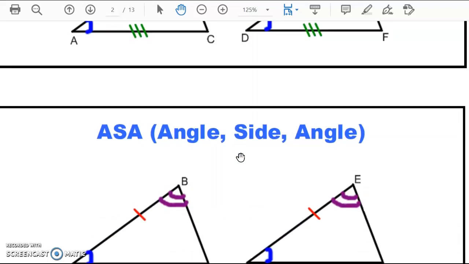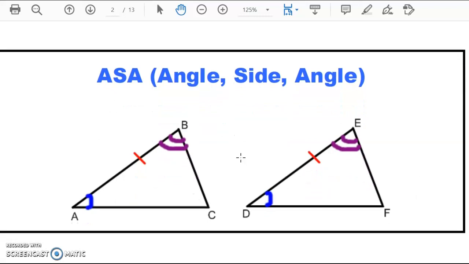Next postulate is the angle side angle postulate, ASA. Let's first take a look. Angle A and angle D are marked up with the same markings. Side AB and side DE have the same mark. And angle B and angle E have the same tick mark.